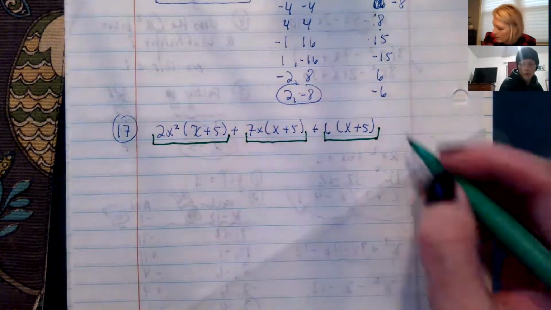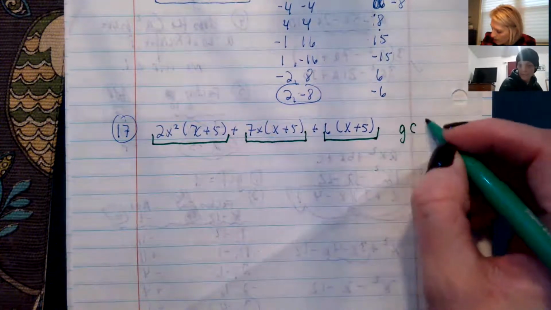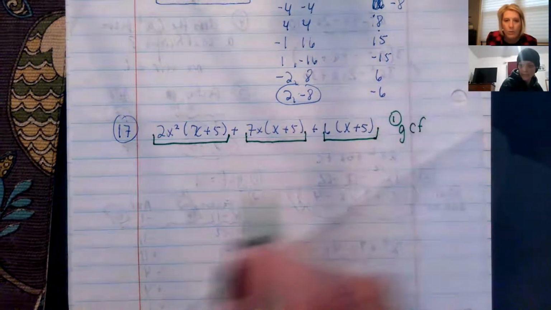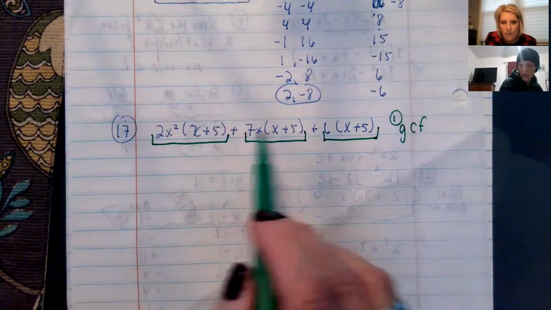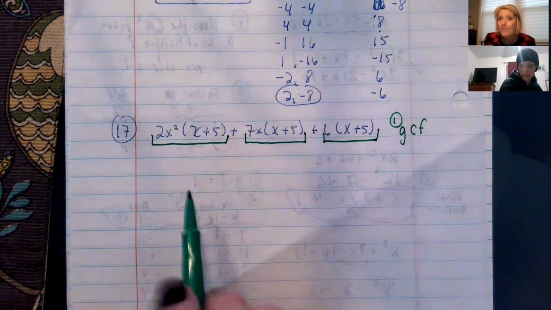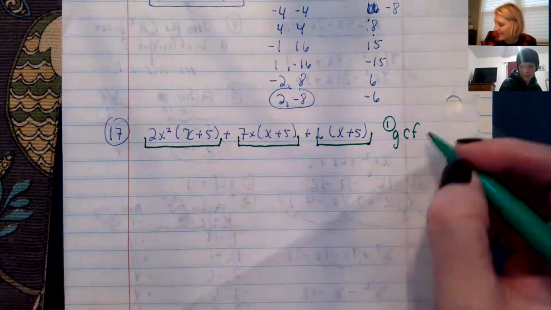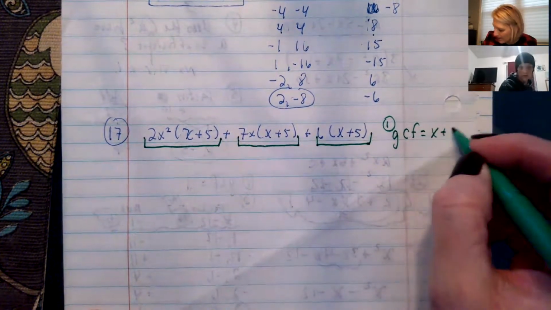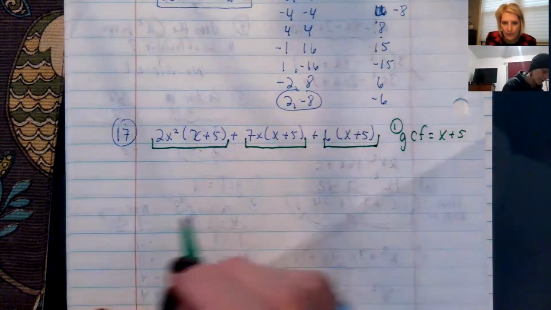Okay. So when we're asking our original question on the GCF, we're asking, do these three terms have anything in common? Yes. What do they have? The x plus 5. Yep. So they have an x plus 5.